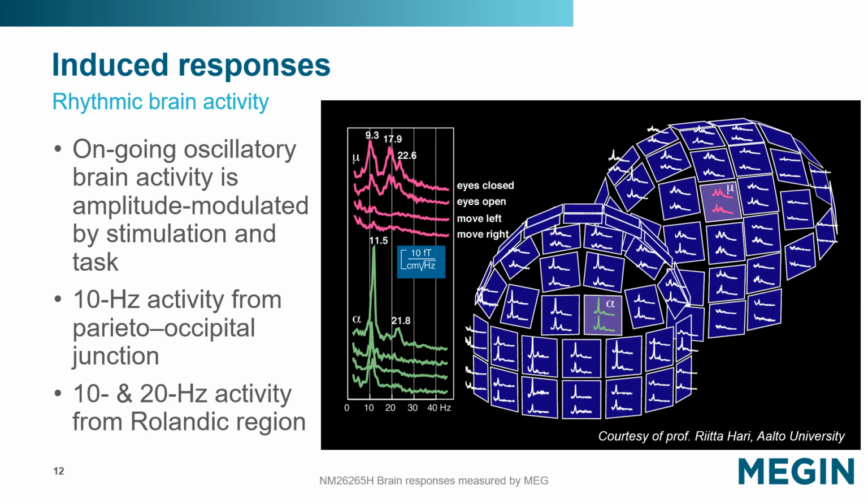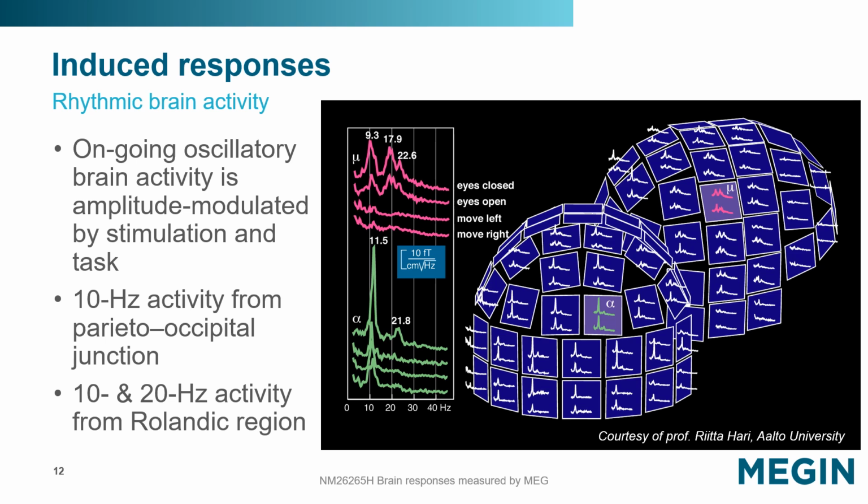This example shows the frequencies of alpha and mu rhythm in gradiometer channels in a MEG recording. The sensor array is shown from 2 viewing angles, back and right. The 10 Hz alpha waves originate from parieto-occipital junction, while the 10 and 20 Hz mu activity arises in the Rolandic region.